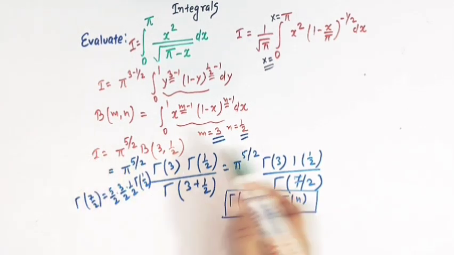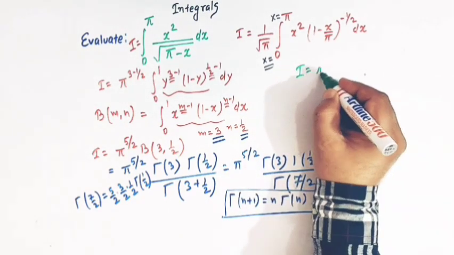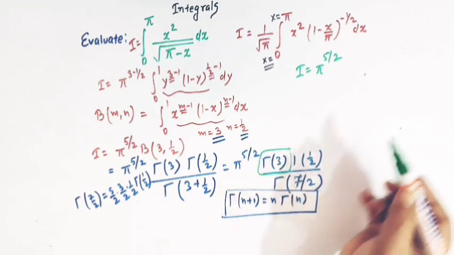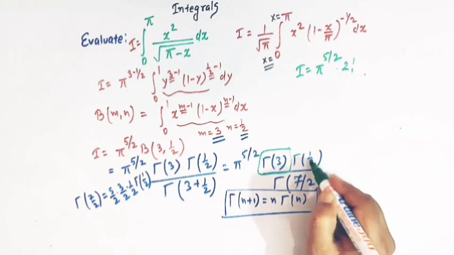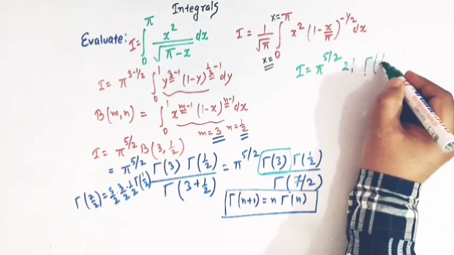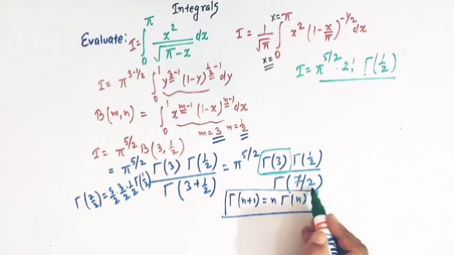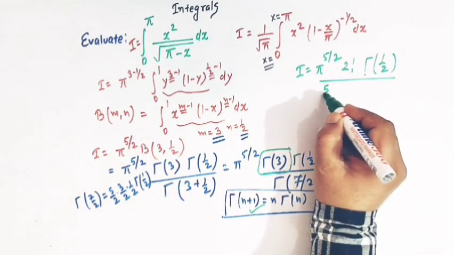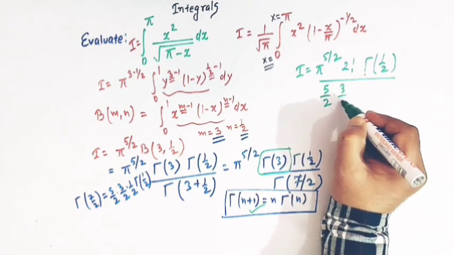So now this integral I can be written as, here we have pi raised to 5 by 2, gamma of 3 is equal to 2 factorial, and here we have gamma of half, and in the denominator we have gamma of 7 by 2, and due to this result, gamma of 7 by 2 is equal to 5 by 2 times 3 by 2.